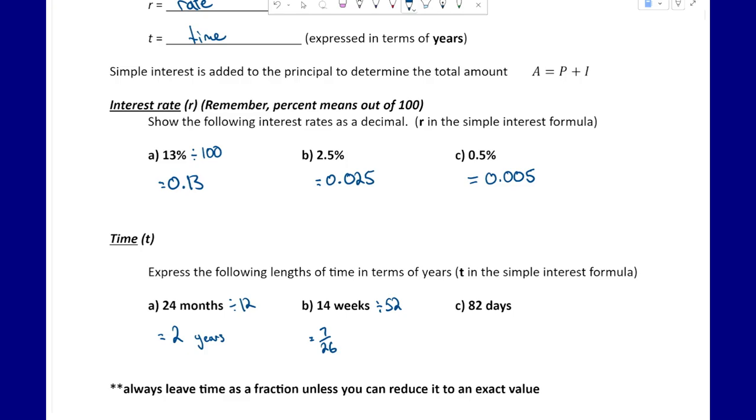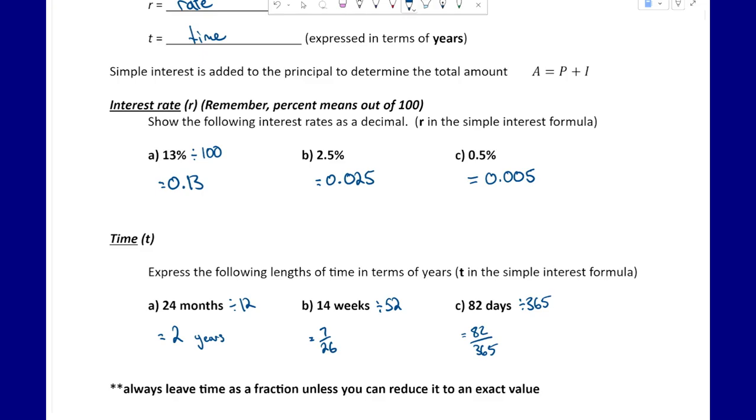Unless this works out to a nice decimal, I would want to just leave it as the fraction 7/26. Depending on the calculator you're using, you can enter in fractions, hopefully. And then 82 days, we divide it by 365. 82 divided by 365 just stays as 82/365. It doesn't work out to a nice decimal, so I leave it as that fraction.